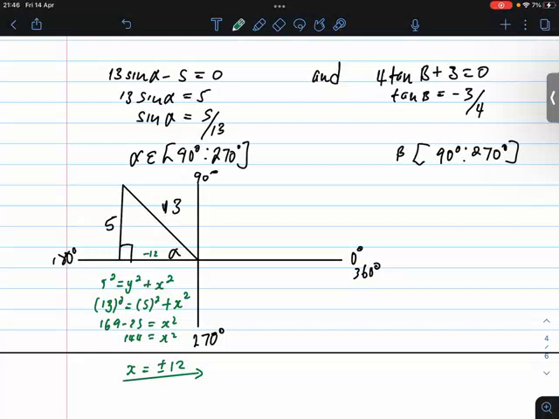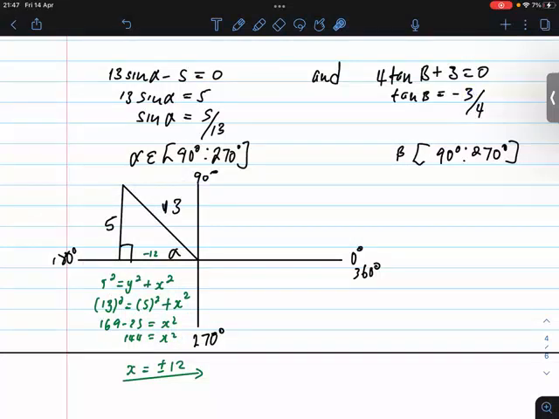So tan is positive on the third and the first. But then 90 to 270 is only choosing quadrant number 2 and 3. So that means we must locate that. Oh, but then here they want negative. So where is tan negative?